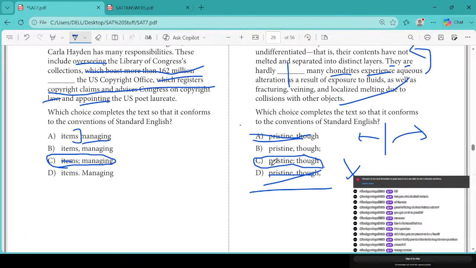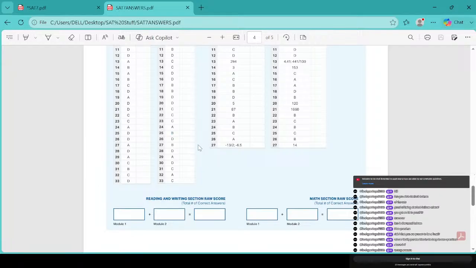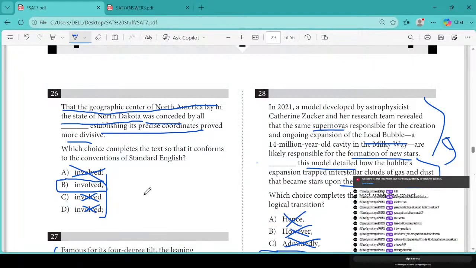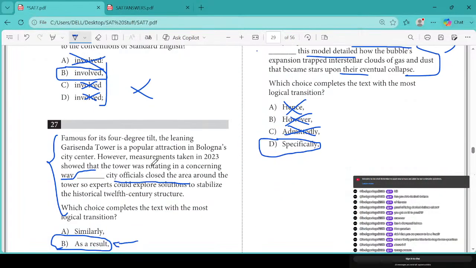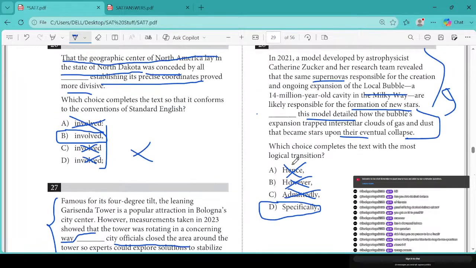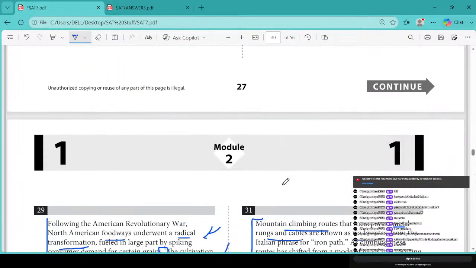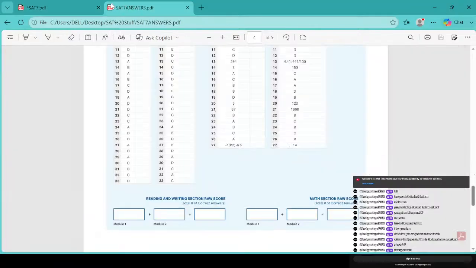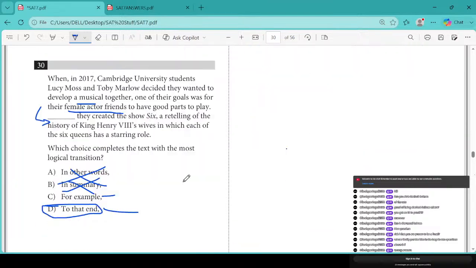I'll have to look at that later. 26 is D. Oh no. What? Oh, come on. 27 is B. 28 is D. 29 is A. 30 is D. Oh, look.